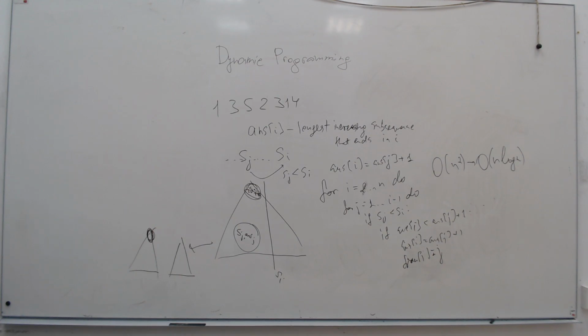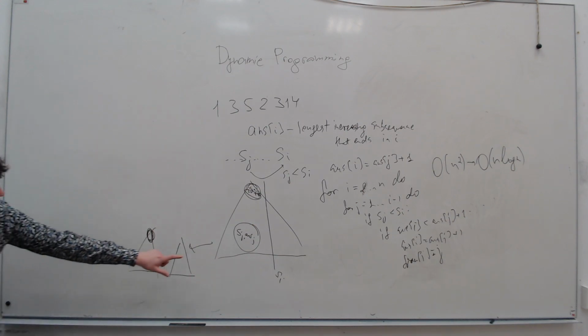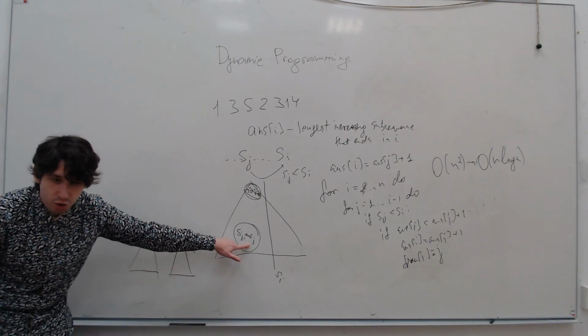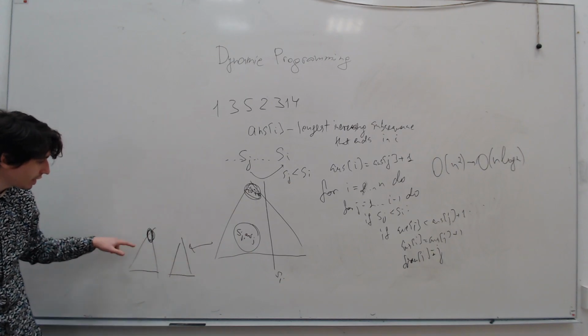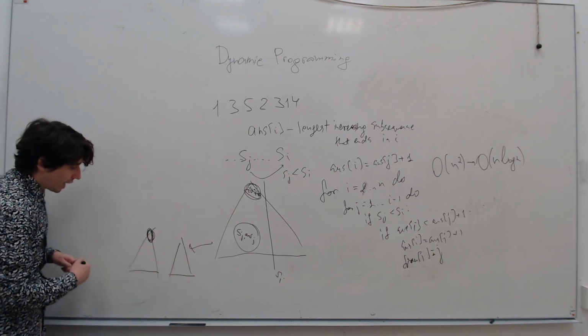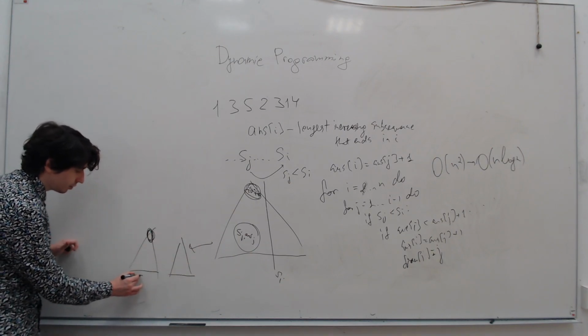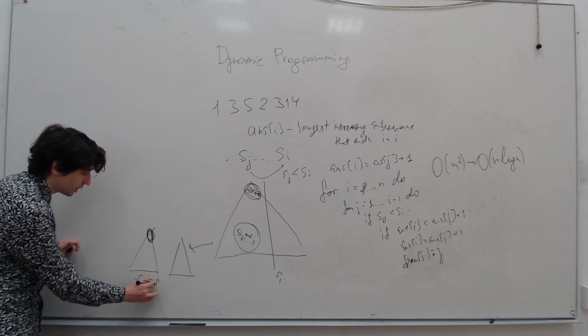So instead of maintaining the number of elements, we will maintain the maximum value in the subtree, the maximum value over the ans j's. And when you split, you will have all the j's for which sj is less than si.